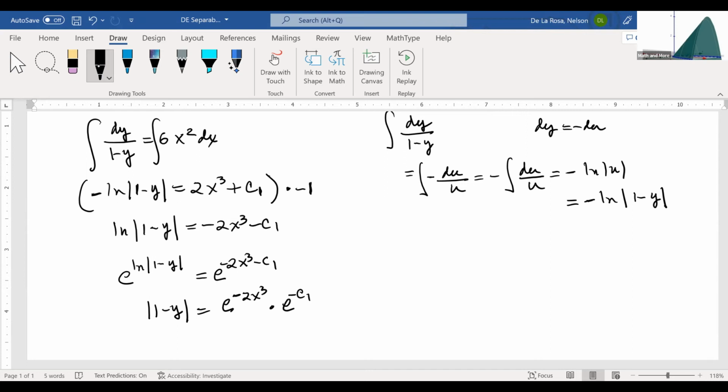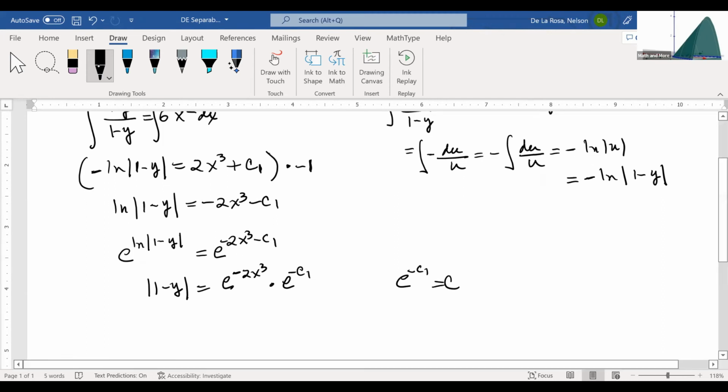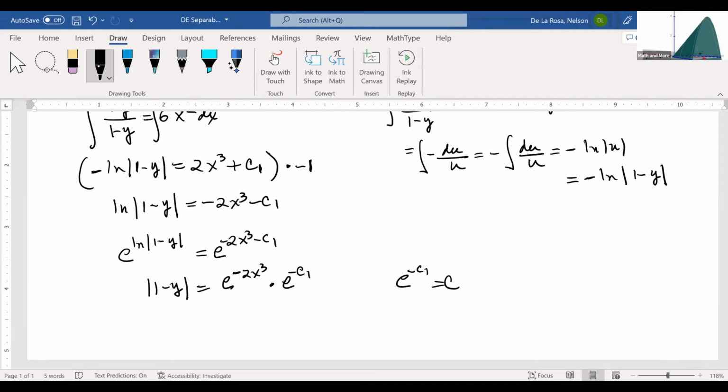And then we can now proceed to call e to the negative C1 equal to c, which is in fact the constant we need to find in order to solve the initial value problem. Recall that it is convenient to find the explicit expression of the solution. Explicit means where y is by itself, isolated, so y depends entirely on x.